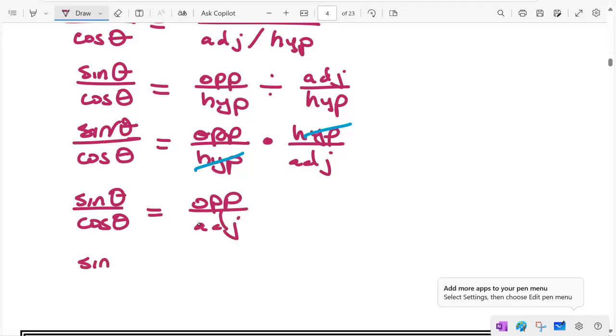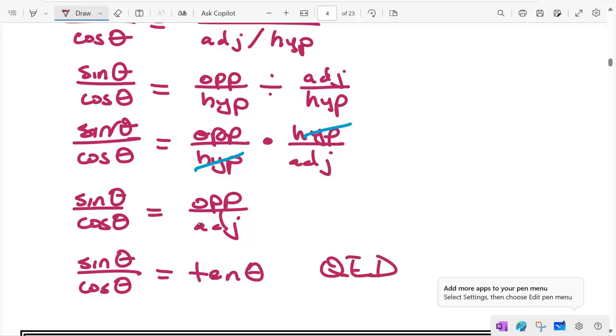And we know that opposite over adjacent is the ratio that is equal to tangent of the angle, so tangent of theta. And so now we've arrived at the equation that we were trying to prove. So I'm going to write the letters QED, which is Latin, standing for quod erat demonstrandum. It has now been demonstrated. That's a stylistic thing. You can include that at the end of your proofs if you wish.